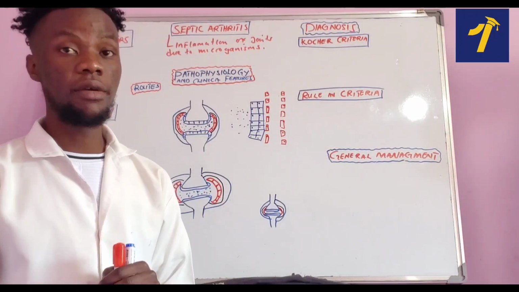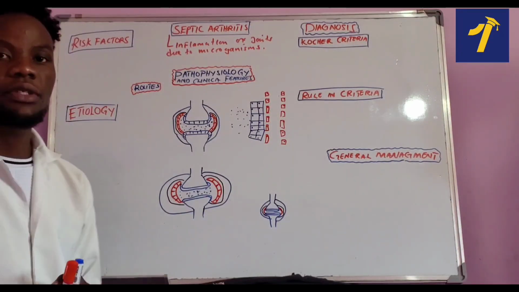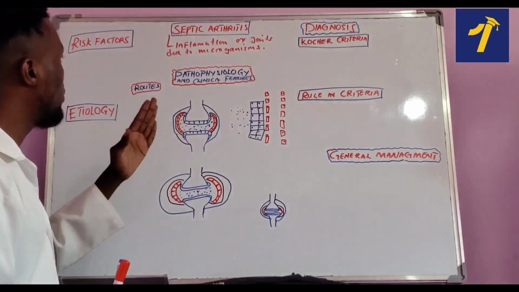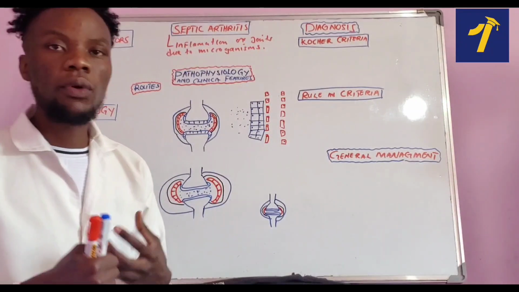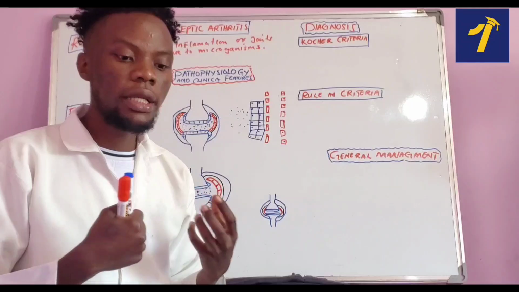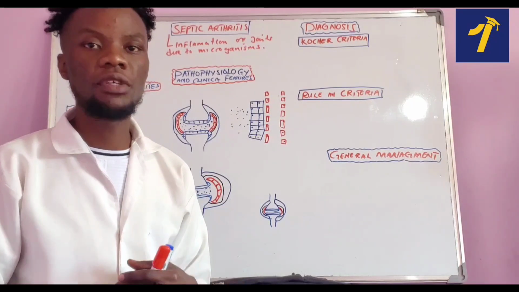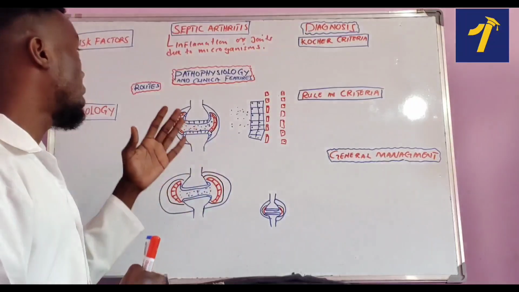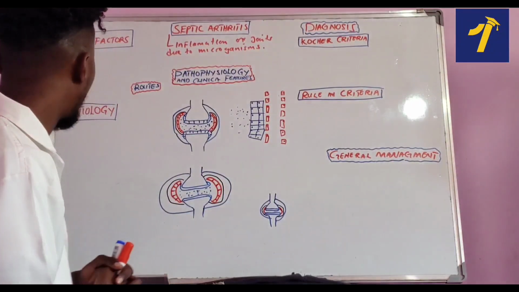Very basic definition. Now, the next thing that we can ask is what is the population that can have septic arthritis, the inflammation of the joint caused by microorganisms?